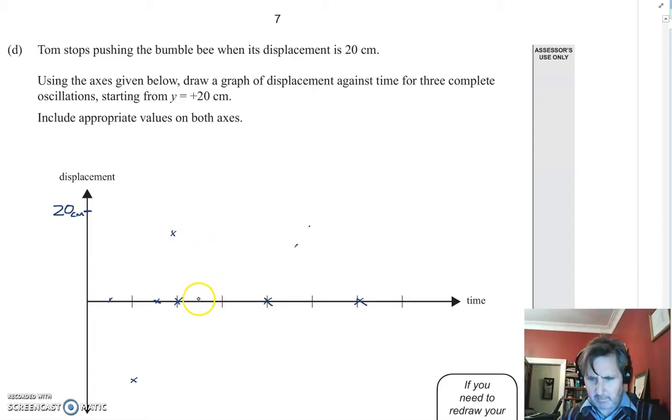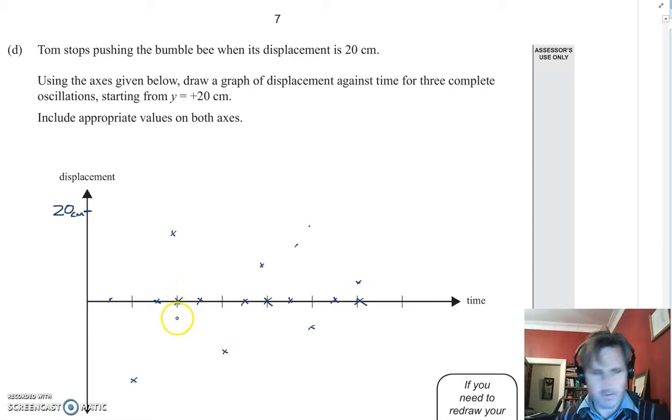Now the reason the maximum is less each time is because it's losing kinetic energy, okay? So there, there, there, there, there, there.